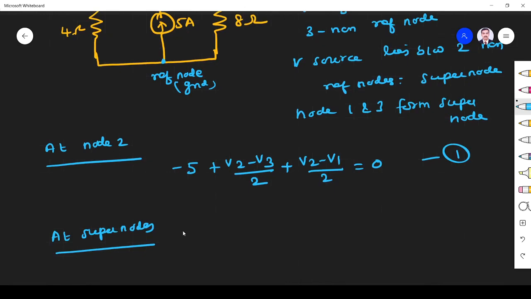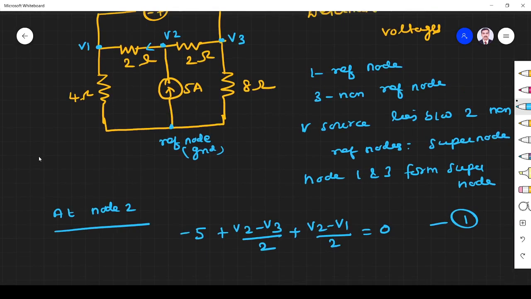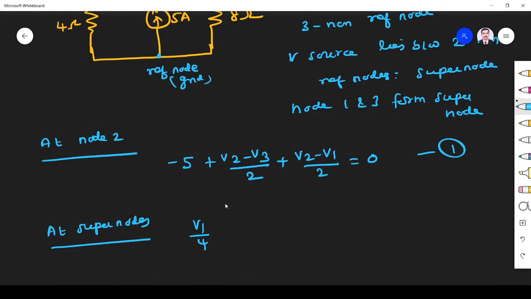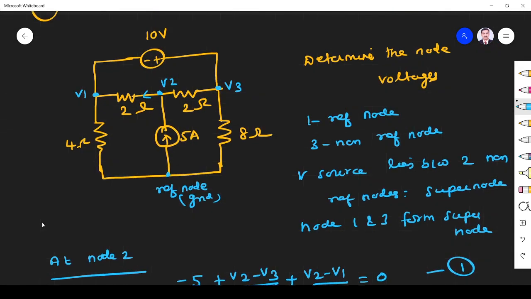So at V1, applying KCL, it is V1 by 4, and here V1 minus V2 divided by 2, since I is equal to V by R. This we will deal with later.